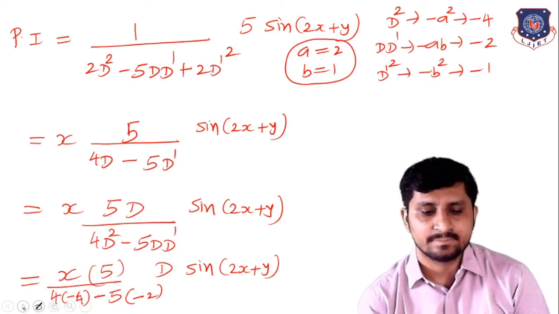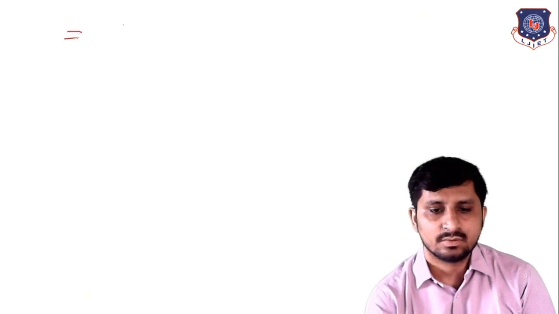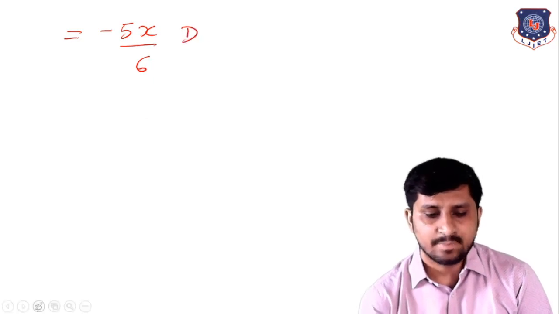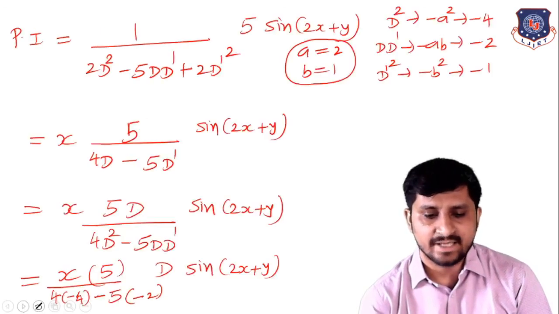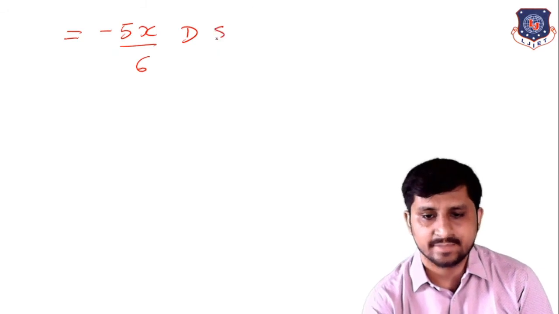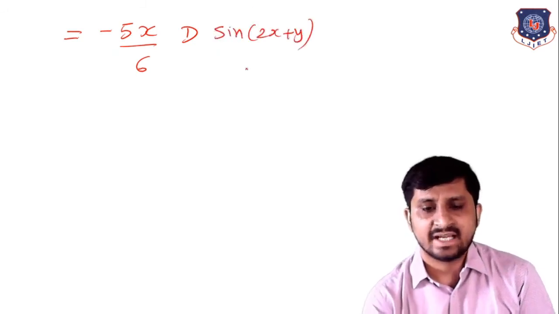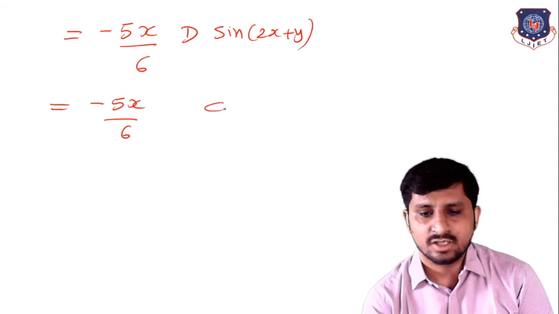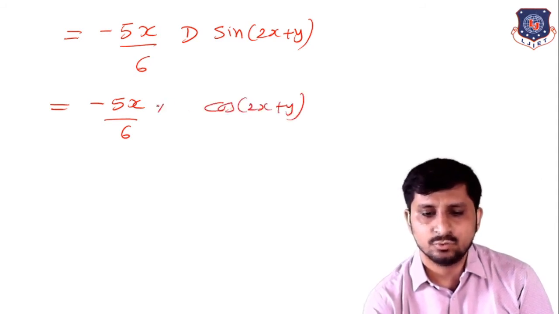I can write this as equal to −5x/6 D sin(2x + y), where capital D means differentiation with respect to x. So that means differentiation of sin(2x + y) with respect to x, and that is cos(2x + y) into 2.